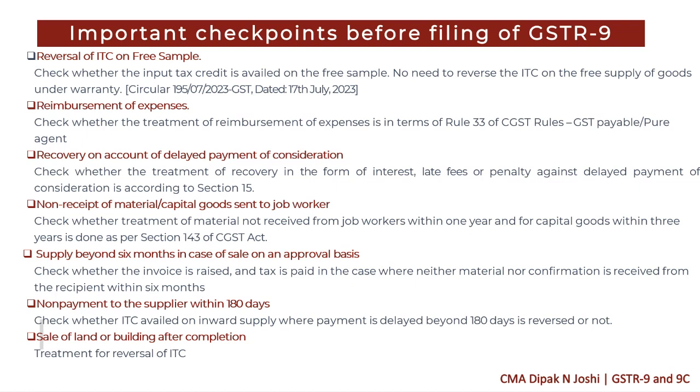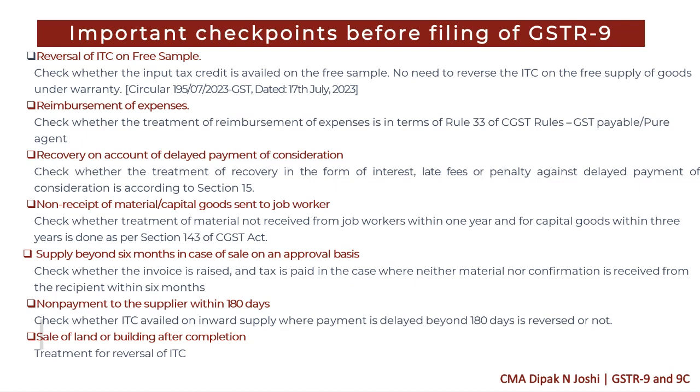Right? So this is a very important checkpoint whether a registered person has made payment to the supplier within a period of 180 days from the date of invoice or not. And if it is not made within 180 days, then interest is applicable and reversal is to be made before filing form GSTR 9.